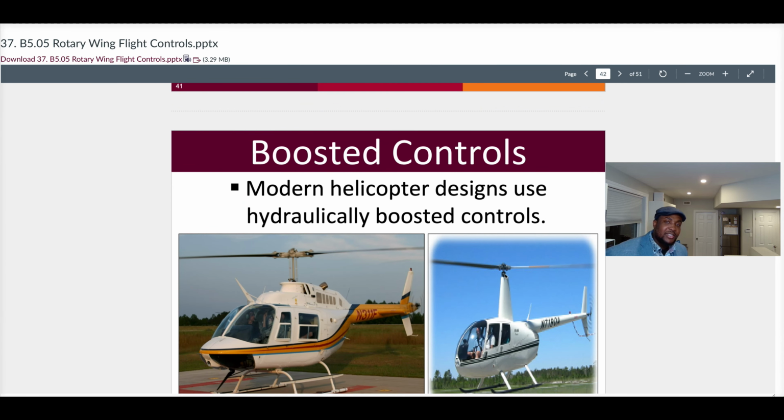Boosted controls. This is another very interesting topic. The helicopter uses a boosted hydraulic system to do two things. One of them is to make ease of controlling the helicopter, or to improve the ease at which the blades are able to tilt.